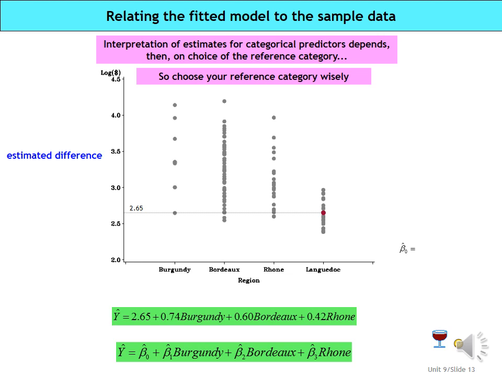I'm not sure it would find a difference for Burgundy to Bordeaux and Rhône, but I'm sure it would find Burgundy to Languedoc at least, because I found the reverse, Languedoc to Burgundy. So if I set Burgundy as the reference, I know I'm going to find the difference between Burgundy and Languedoc.